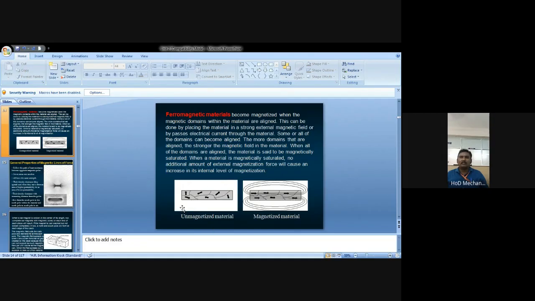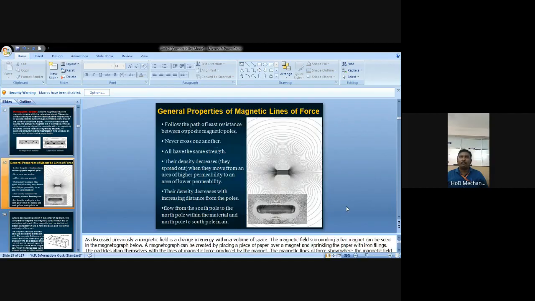The magnetized material will get directional control. The field will be controlled by an electromagnetic field. The force will be attracted in the direction from left to right.